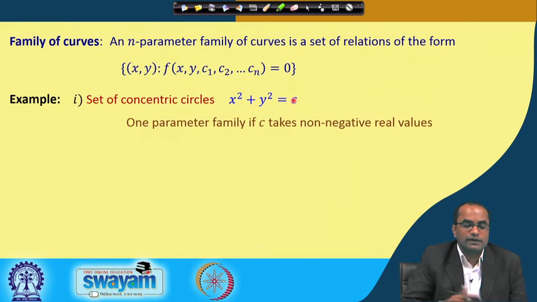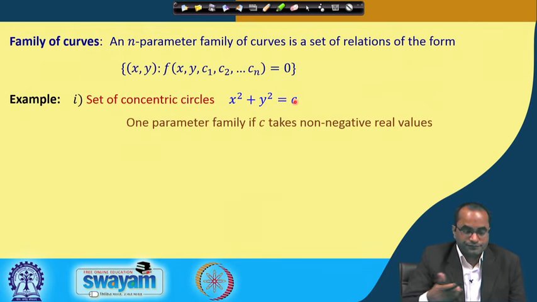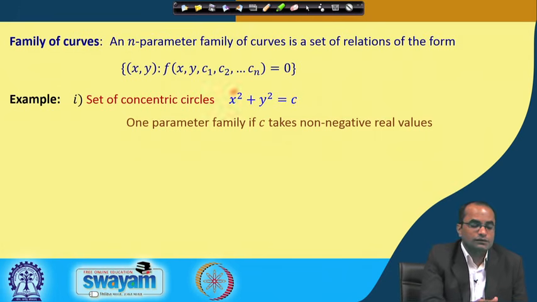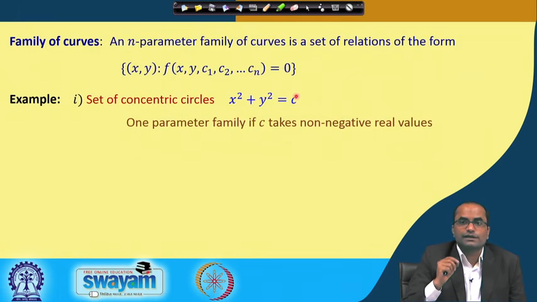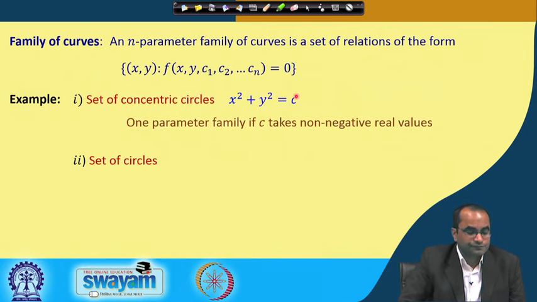For different values of c, these are the equations of circles with the same center. If we keep changing c, we get circles with the same center and different radius.